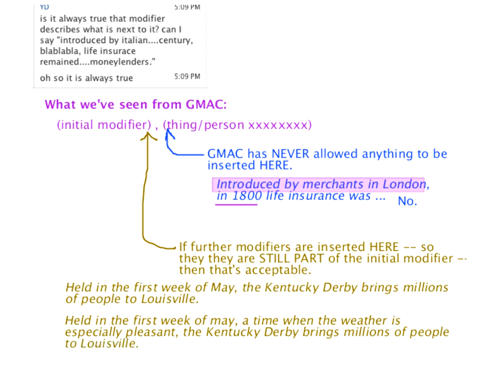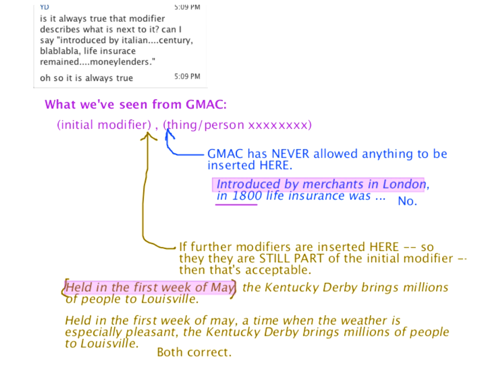These sentences are both correct. Notice the way these are structured, this is not the same kind of thing that they're doing in the blue one. If you look at the first one, there should be no issues: the standard initial modifier, and then the Kentucky Derby is held in the first week of May, right?